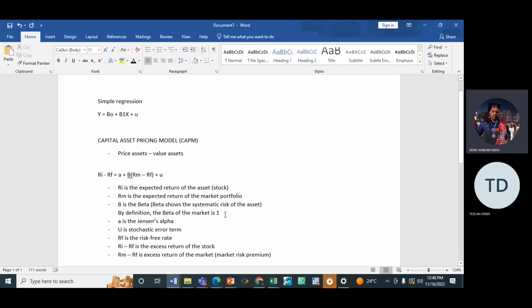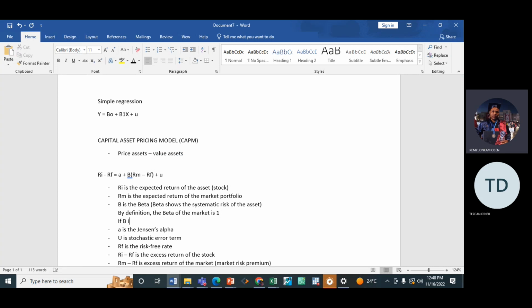So if the beta of the stock is higher than 1, it means the stock is riskier than the market. Correct? This B here is the beta of the stock, not of the market. But what we know in our mind is that the beta of the market is 1. So if this B here is greater than 1, it means the beta of the stock is higher than the beta of the market, which means the stock is riskier than the market. You should understand these things.